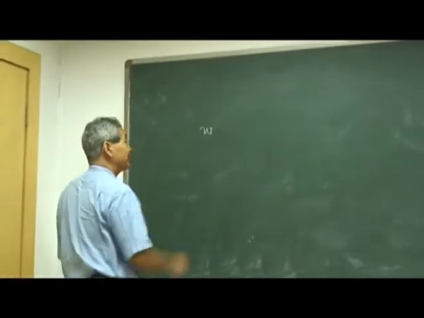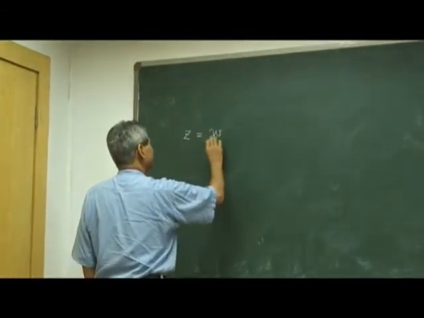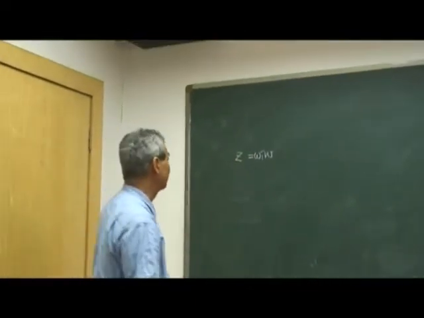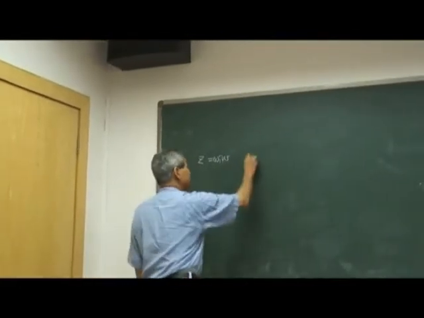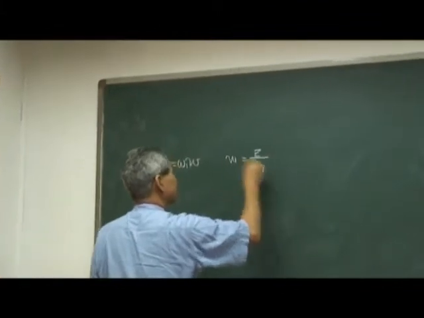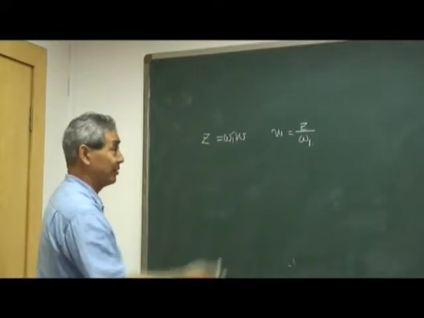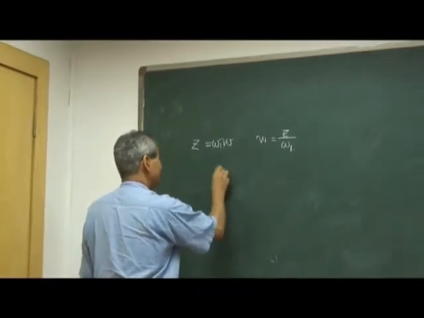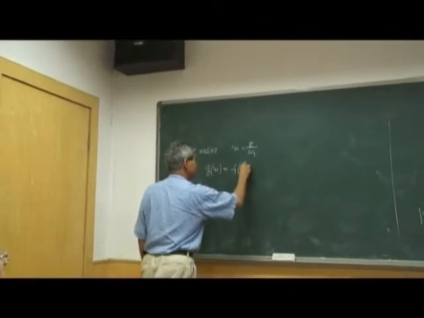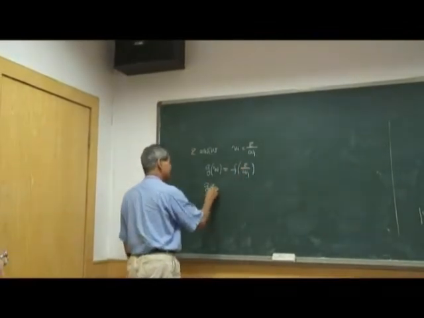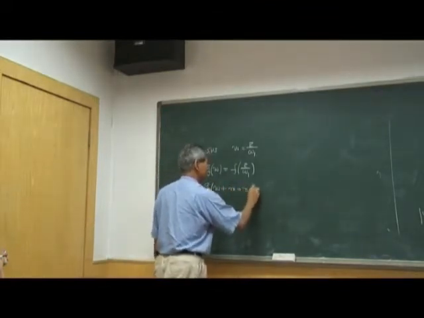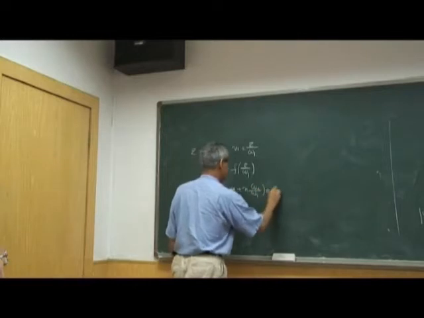Z to W, where W is related to omega 1. So that means that W is z omega 1. Then this condition. So I write W is f of omega 1 z. Then you can write that f(w + m + n omega 2/omega 1) equals f(w).